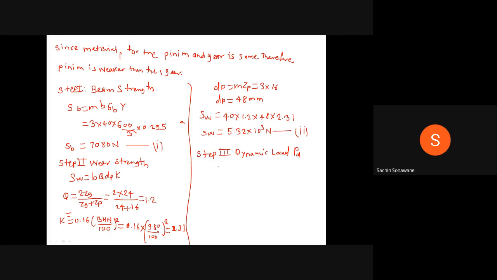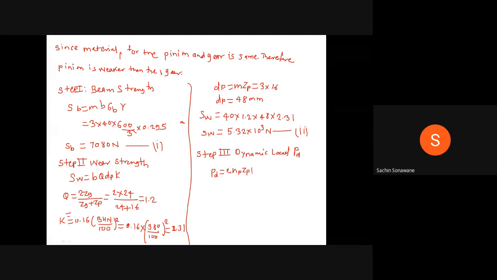Write down the formula. PD is equal to ENP ZP into B. Is it correct?